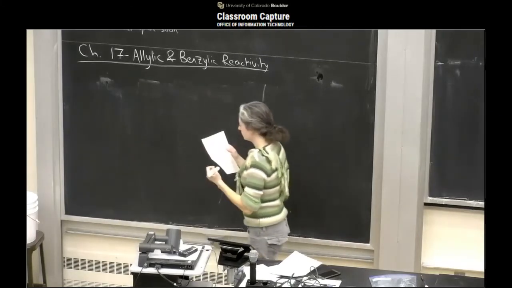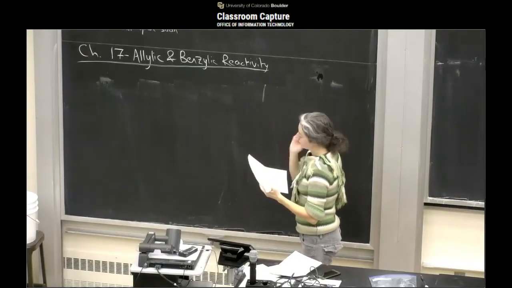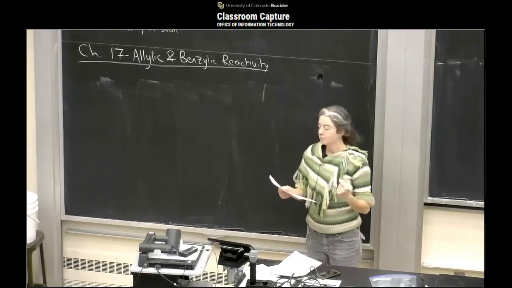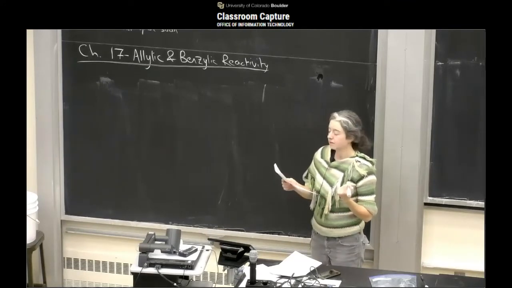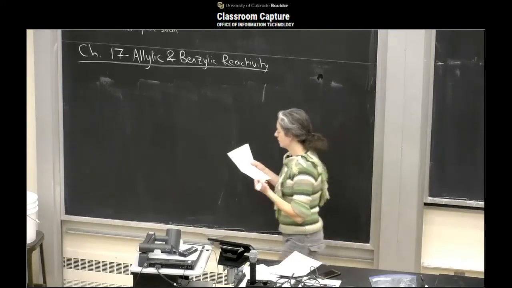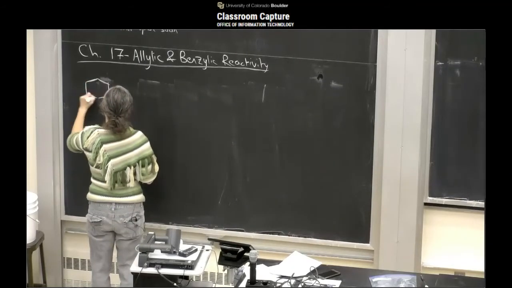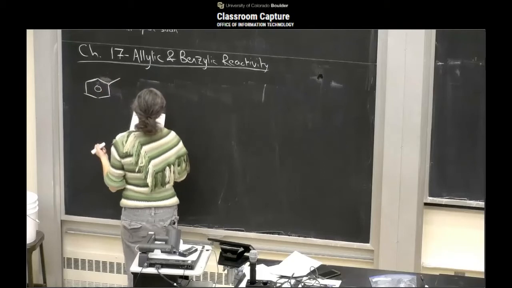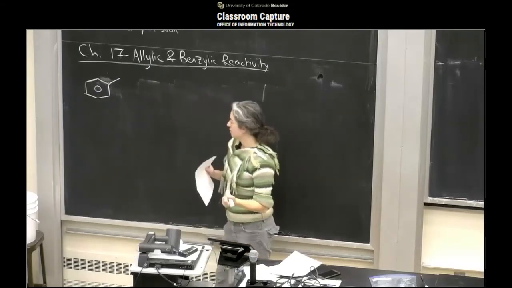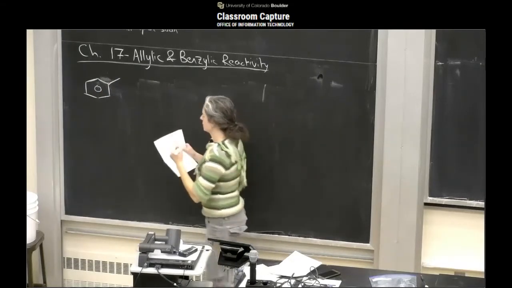So this whole chapter is about taking mostly reactions that we've already seen or slight variations on them and looking at what happens when we do them at positions one away from an aromatic ring or one away from a double bond.